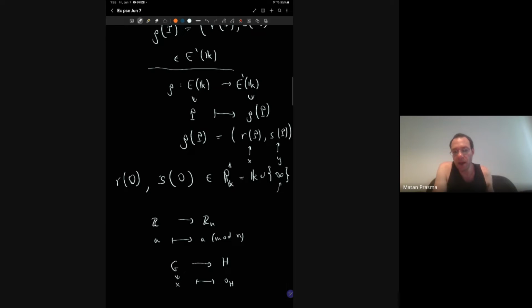So it's not a problem that something is not injective. We actually want to be able to move between two elliptic curves or two objects also non-injectively. Okay, thanks. Okay.